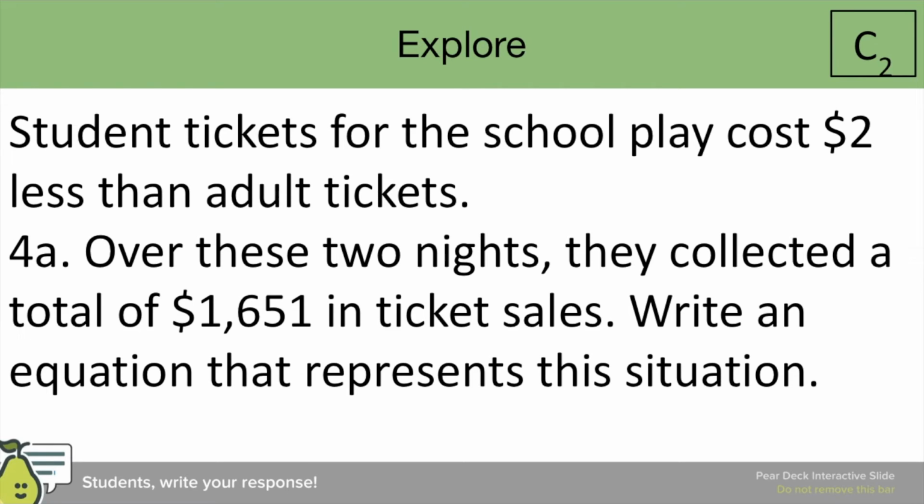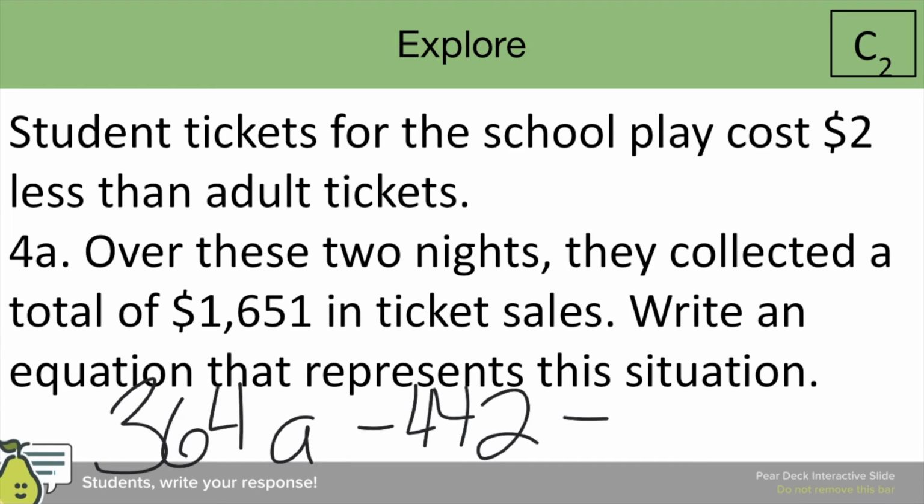Question 4A asks, over these 2 nights, they collected a total of $1,651 in ticket sales. Write an equation that represents this situation. Students can write 364A minus 442 equals 1,651.